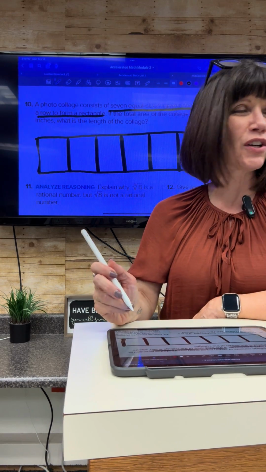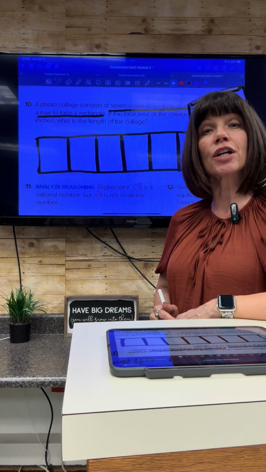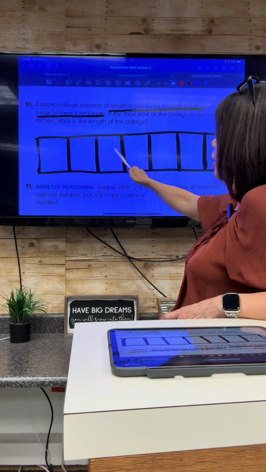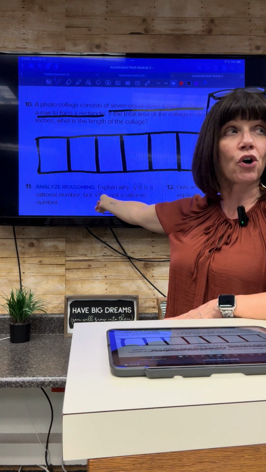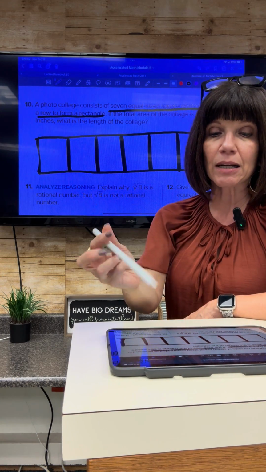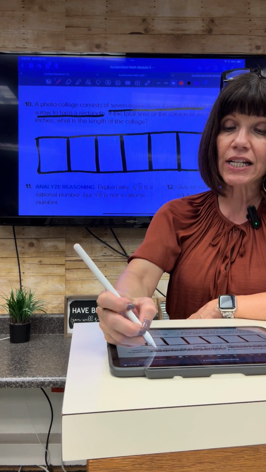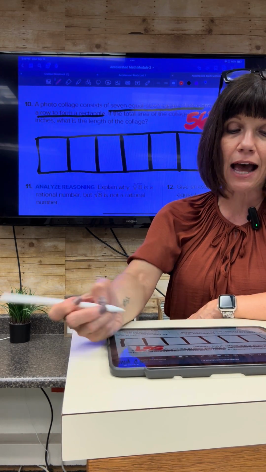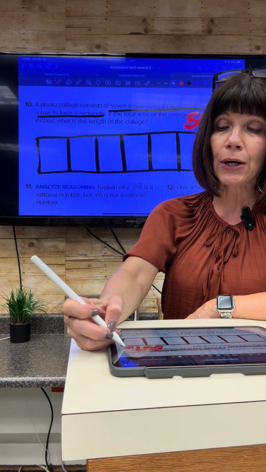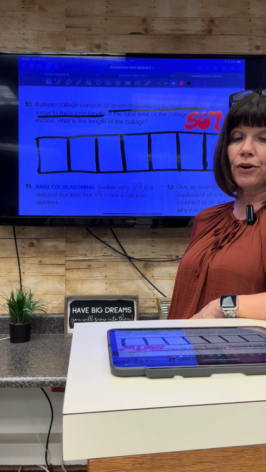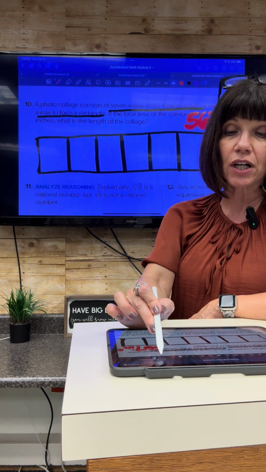It is okay if they're not perfectly square, as long as you have 7 rectangles representing your 7 square photos all in a row. This item asks, if the total area of the collage is 567 inches squared, what is the length of the collage?